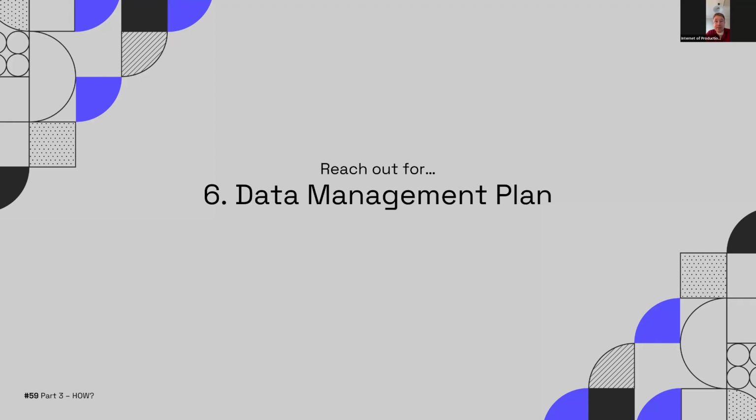Reach out for help with the data management plan, and from last year's project, we'll have some examples from the different makerspaces. But we'll also make available a data management plan that perhaps is relevant to you as part of the materials we share from this course.